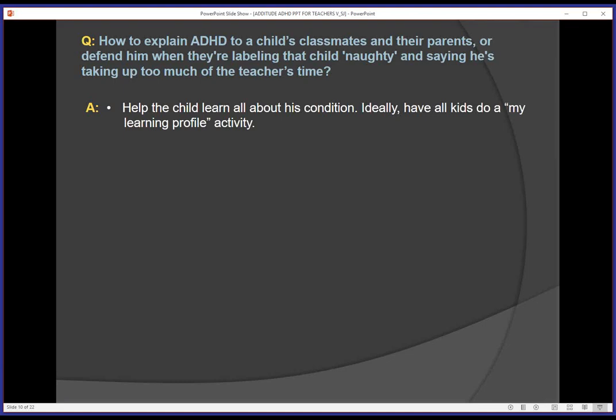If kids have the ability to describe their own learning profile, whether it involves learning difficulties and learning challenges or attention challenges, the more kids know about their own learning and the better they can articulate it to other people, you don't have to defend this kid against anybody, because this kid is standing up and saying things like, I have this condition. For some people it's a disability. For me it's a challenge.